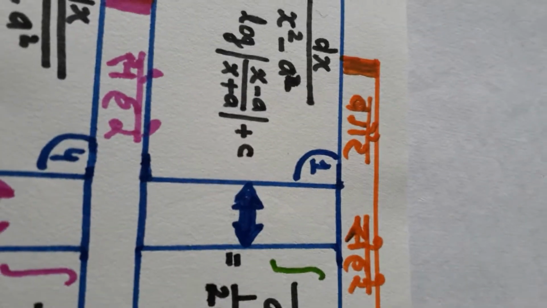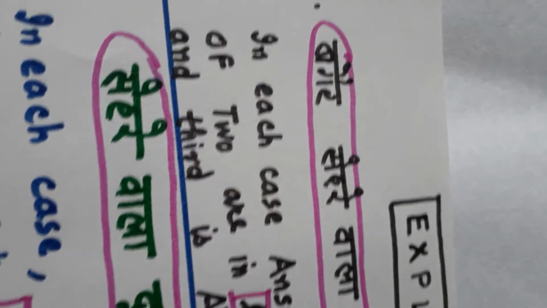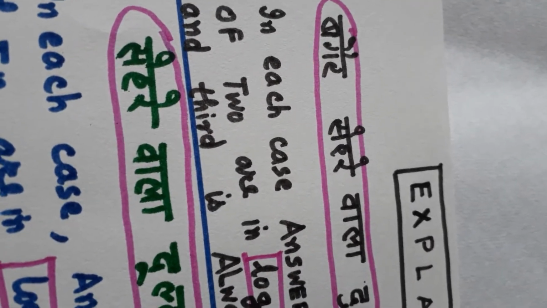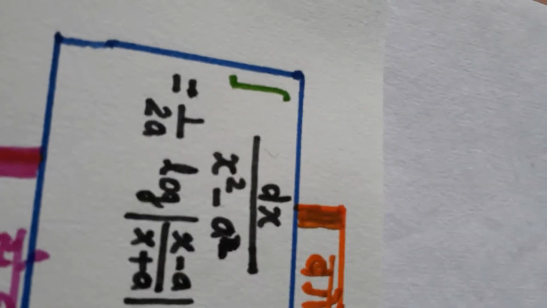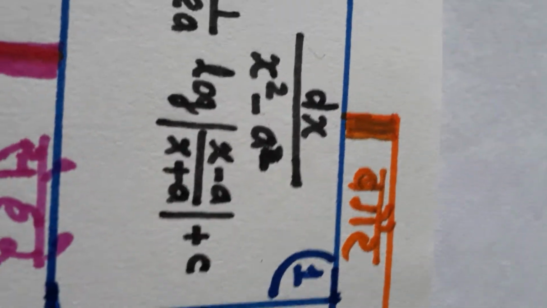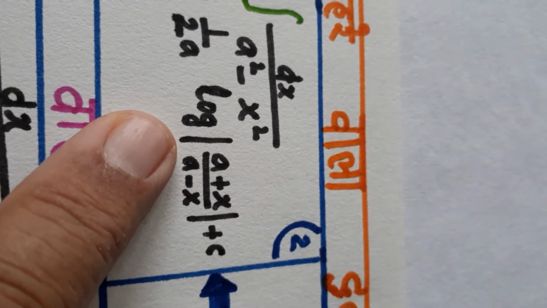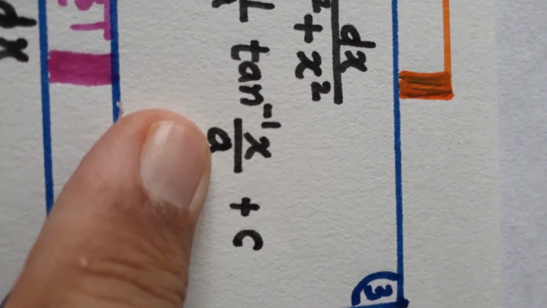Now, out of these 3, you will find in each case answers of 2 will be in log, and the third will always be in terms of inverse trigonometry. Now look here, the answer here is in terms of log, the answer here is in terms of log, and the answer here is in terms of tan inverse.